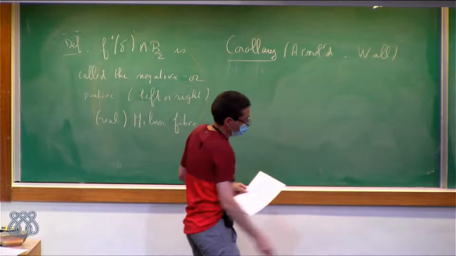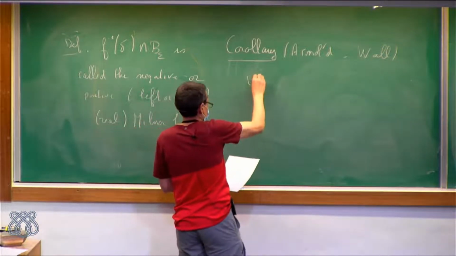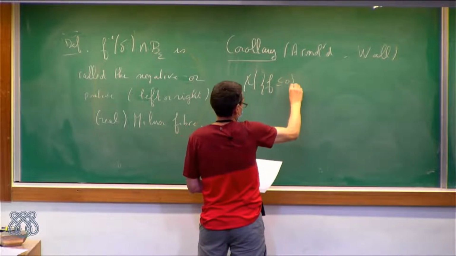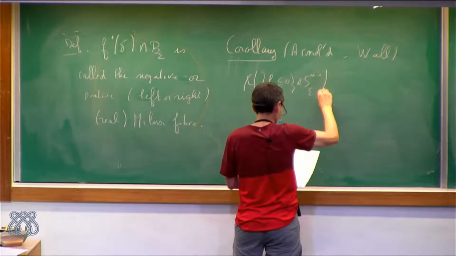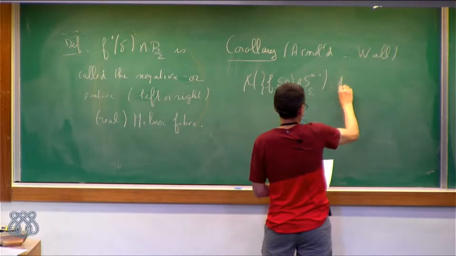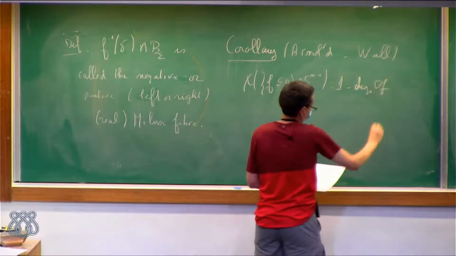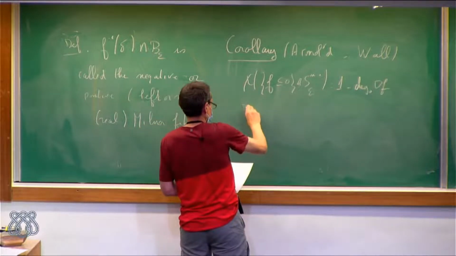So we still work under the same hypothesis, and we have the Euler characteristic of the link of the set f less than 0 is 1 minus the local degree of the gradient, and we have a similar result for the positive part.